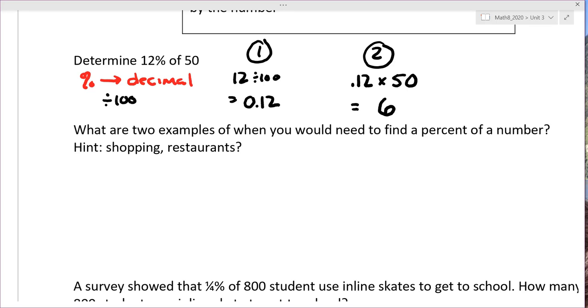Other than school, a real day life. Often on food, they'll put a sticker that says 50% off or 25% off. Yeah, so on food, on clothing, you go to a store and they say the jacket is 80% off, 30% off. How much money are you taking off, right?